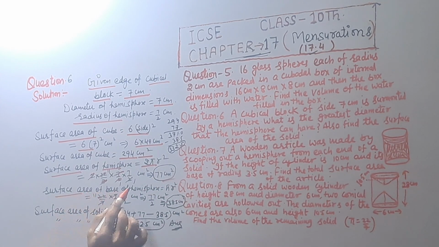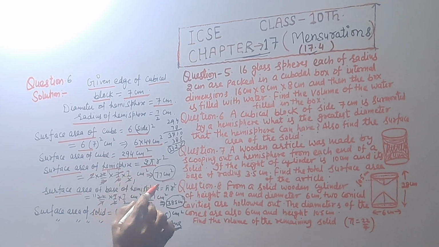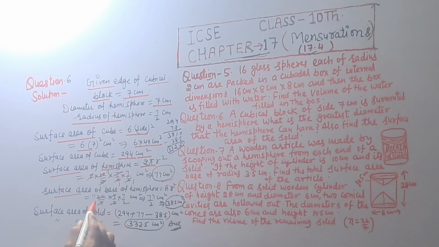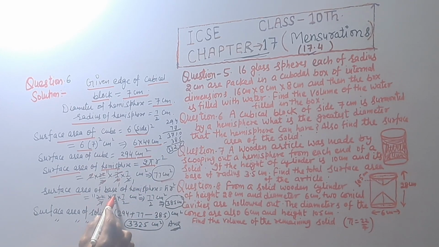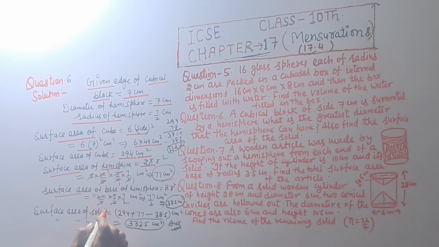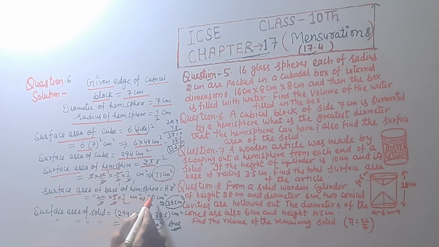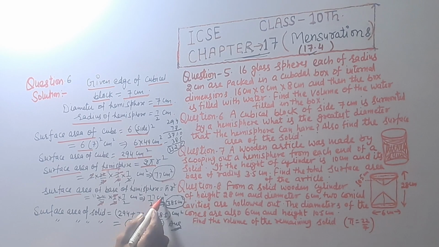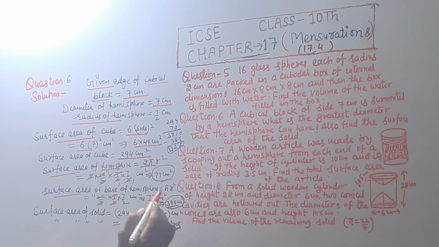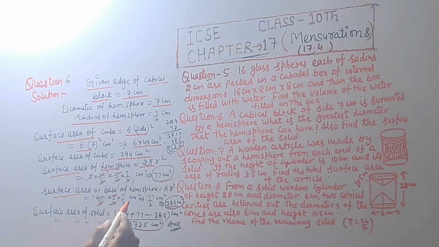Surface area of base of hemisphere, that is area of circle, pi r square. Pi is 22/7, radius is 7/2 into 7/2. This is cancelled, and 11 2s are 22. So 77 divided by 2 centimeter square, we get 38.5 centimeter square.